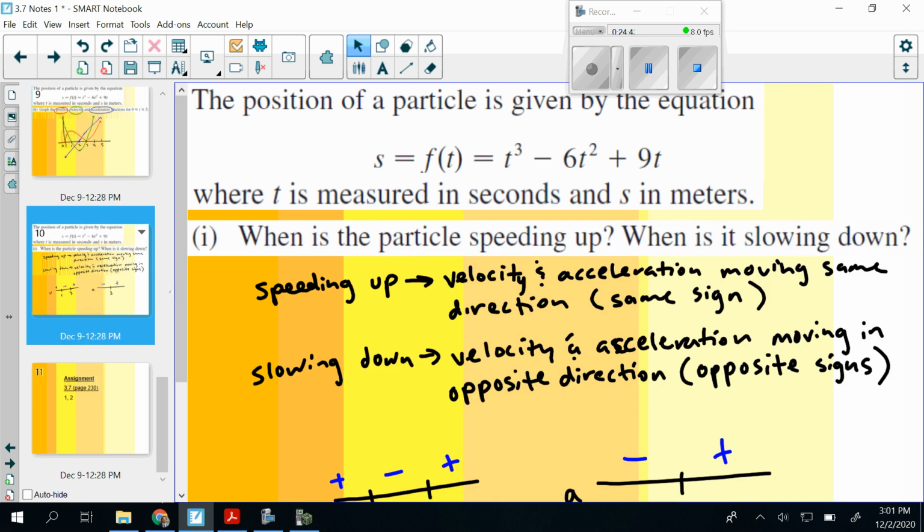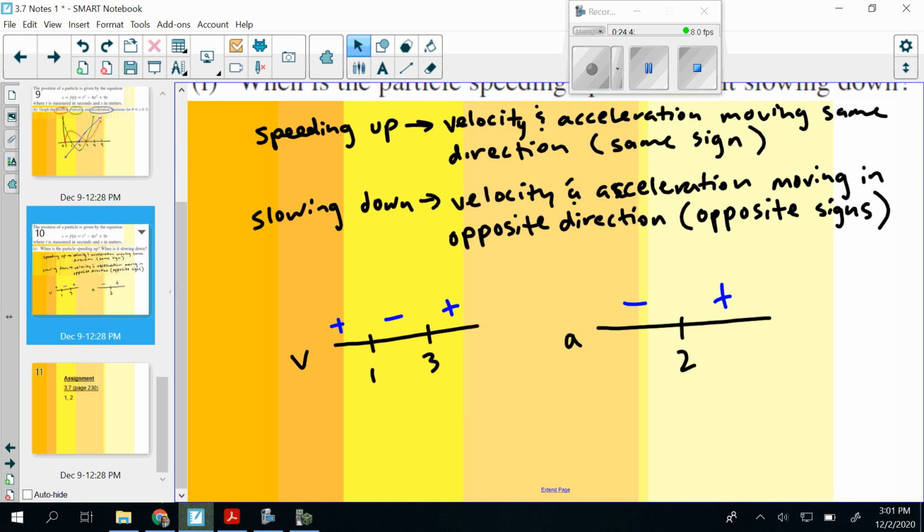Okay, so now we want to look at when are these the same? When do we have signs that are the same? So if we were to put this on the same graph, what would we see? When do they match up? So I'm going to make a one here that has all three of these times on.